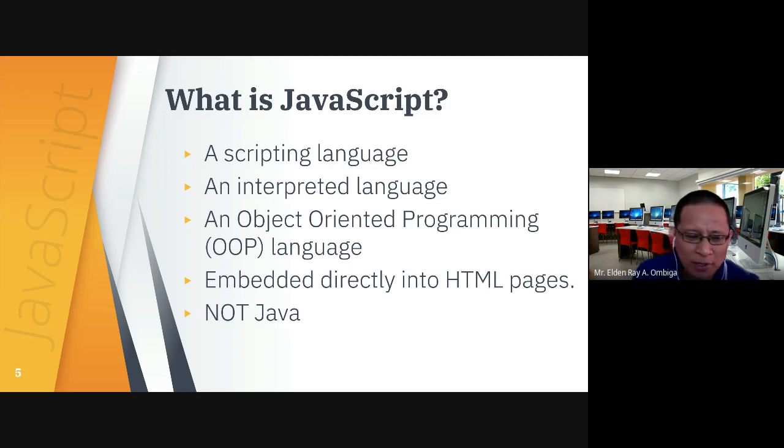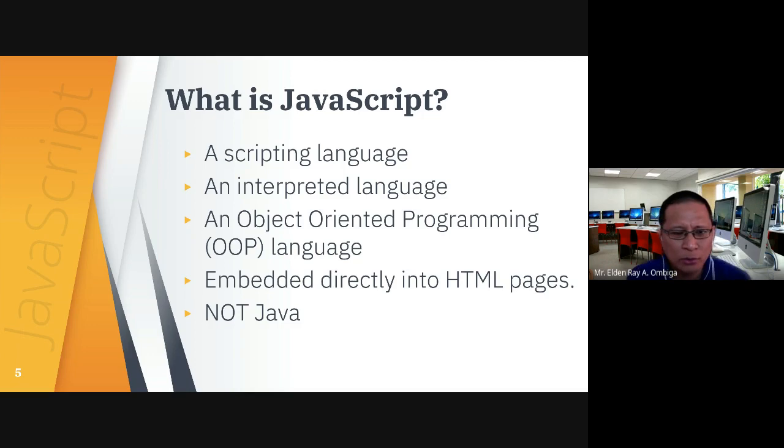Okay, what kind of language? We have a lot of languages. So for computer, there's a language as well. They call it scripting language. And this language is an interpreted language as well in JavaScript. It's also called an object-oriented programming language. So you will know later on why it's called object-oriented.